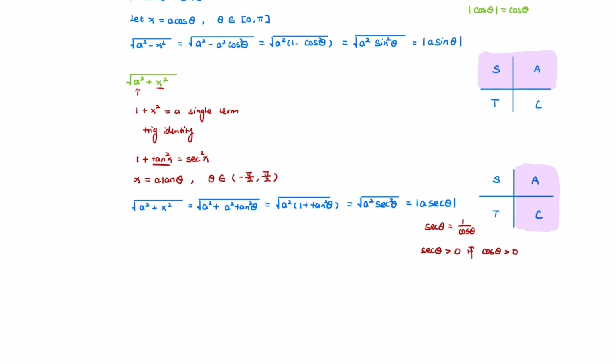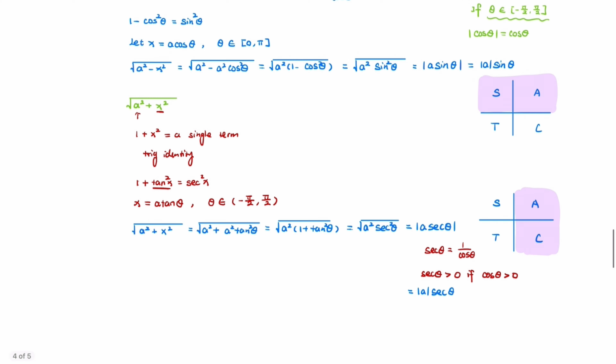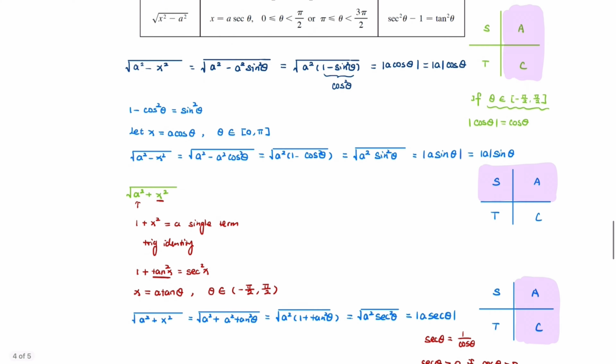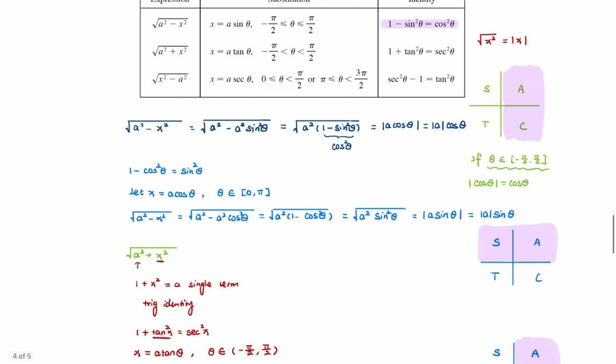And if I have that, then I can remove the absolute value. Here this is going to be a times secant theta, because my theta is in this region and it's positive. And again, we know how to evaluate this integral if this is the integrand.